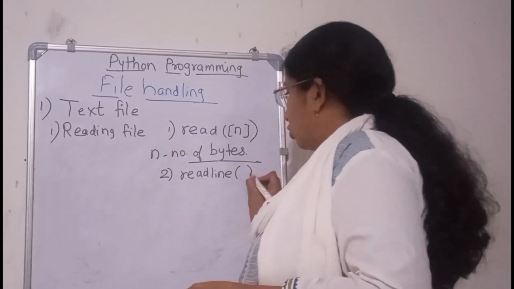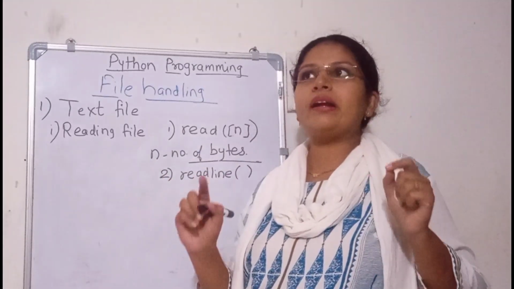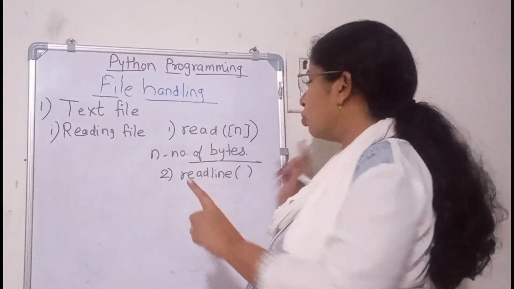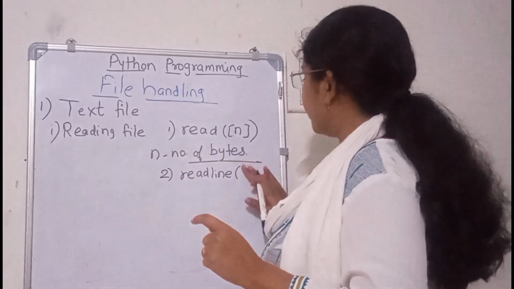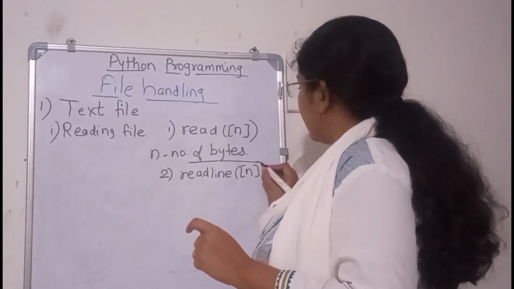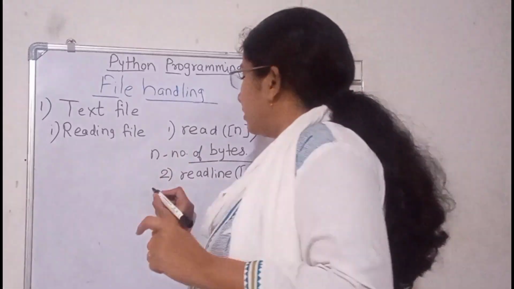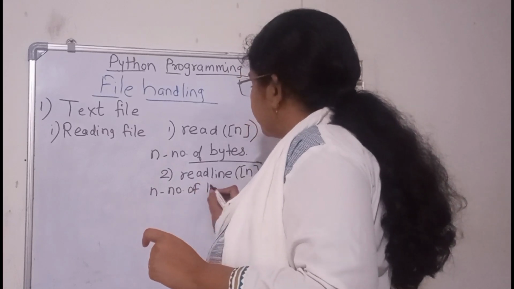Readline, only line. Okay, readline means you are reading the content line by line. Here also the parenthesis could be empty, or you can mention the number of lines. Now for readline, n is for number of lines.